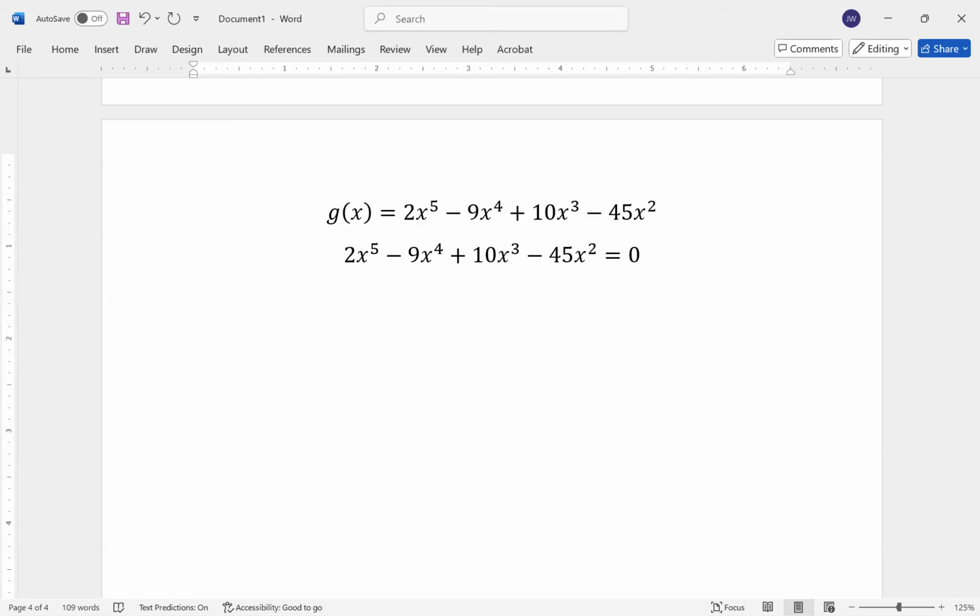So basically, what I would do is I would do the pairing. You could do the pairing first, or you could factor out a greatest common factor from all 4 terms first. It doesn't matter which way you do it.